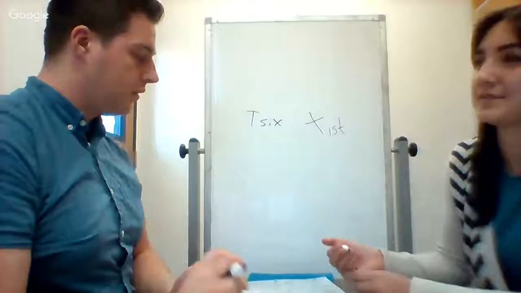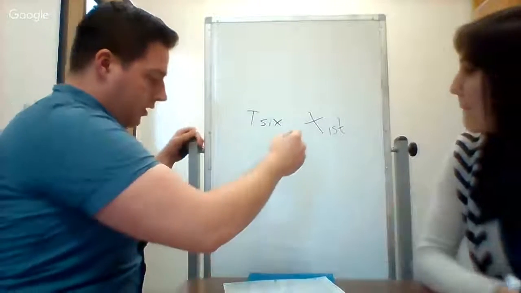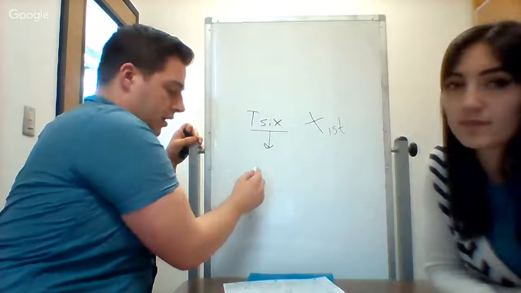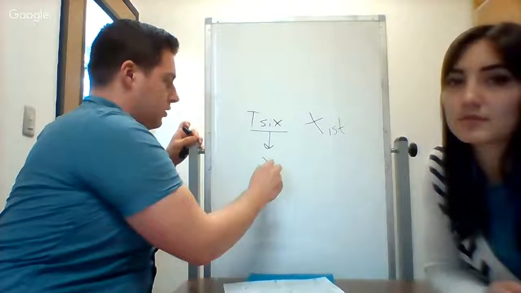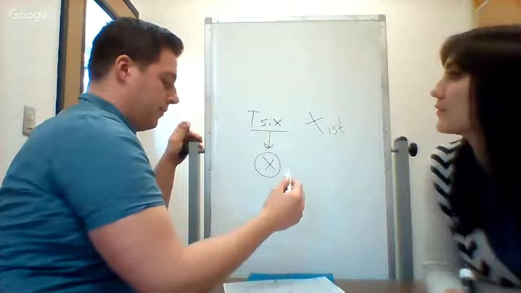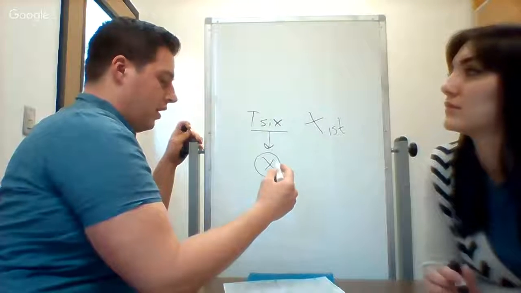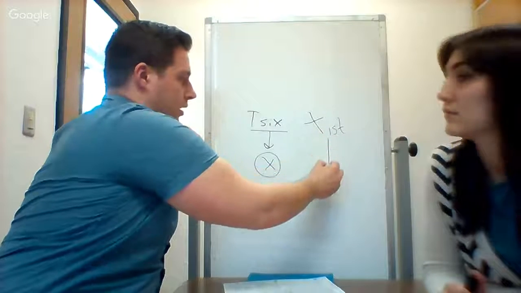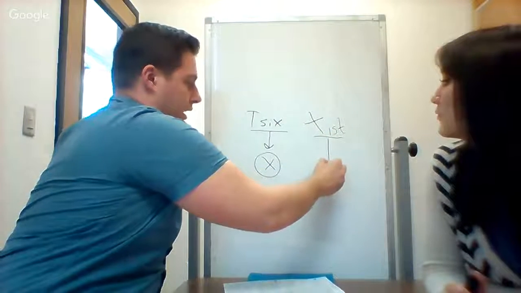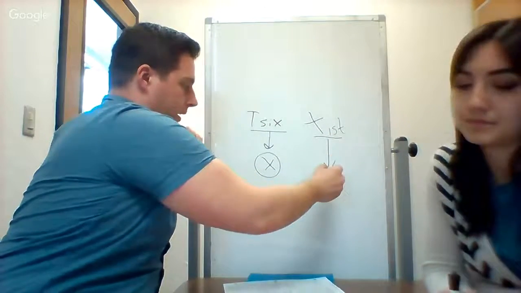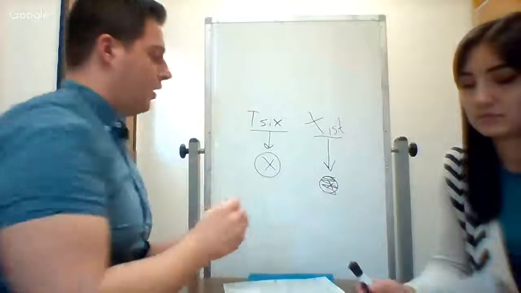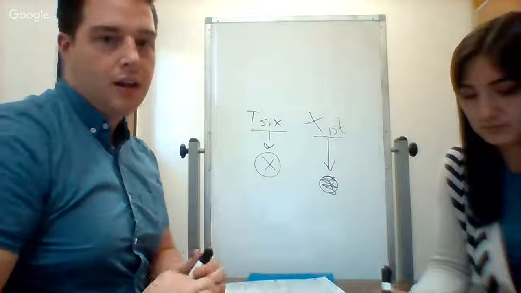So with these 2, the TSIX is going to prevent X inactivation. So it's going to make sure that the X inactivation doesn't happen, and then XIST is going to cause X inactivation, and so that means that the X is going to be inactivated.